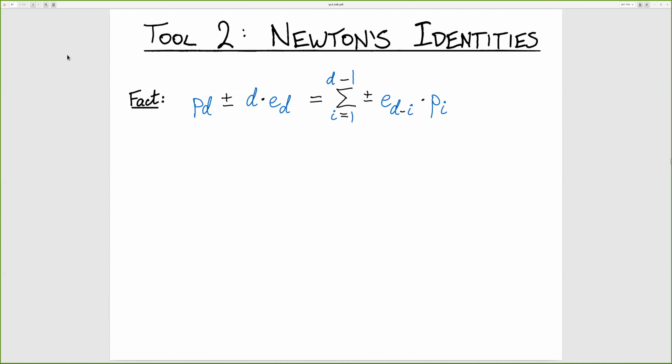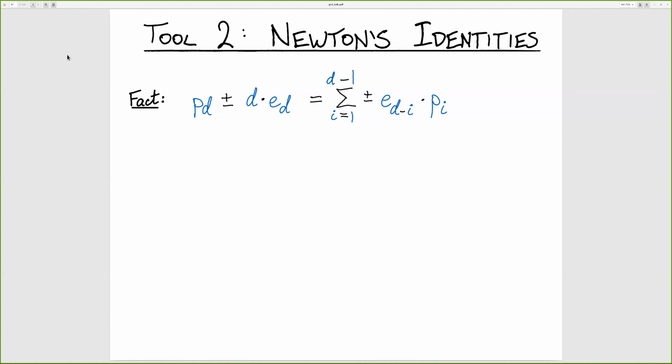Okay. This is not something new. This was understood by Newton, in fact, in the 18th century. You can write down an explicit identity that relates the power sums and the elementary symmetric polynomials. The way you should read this is, suppose you have the elementary symmetric polynomials in your hand, and you want to write down the power sum polynomials.